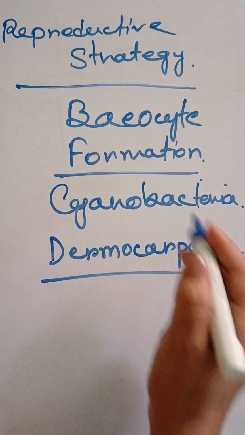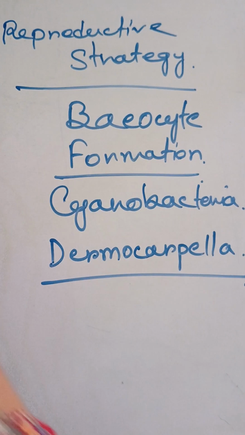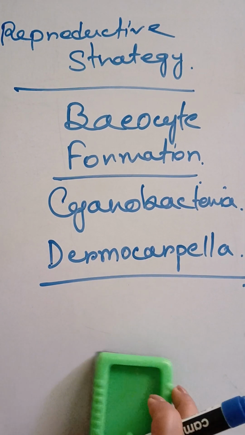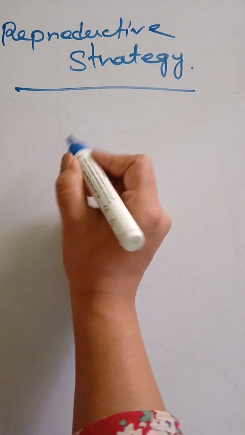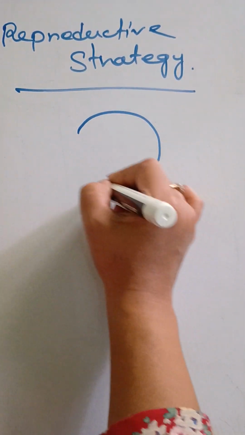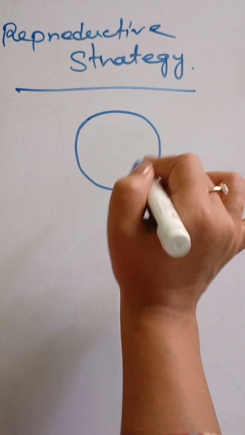In this type of cyanobacteria, baeocyte-forming reproductive strategies can be seen. Now what are the steps in this baeocyte-forming strategy? There is a cell, simply, this is a cell.